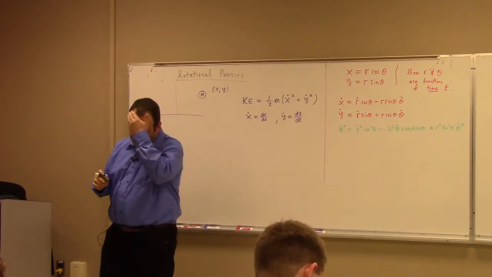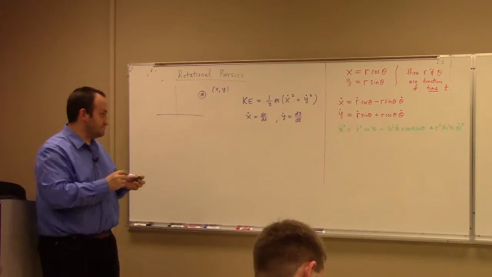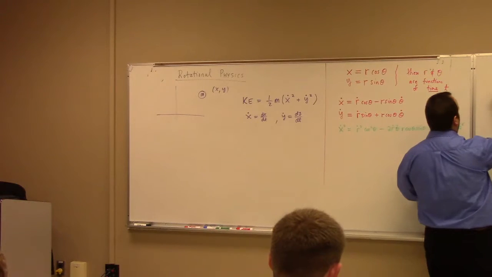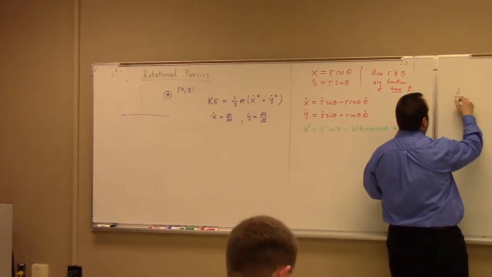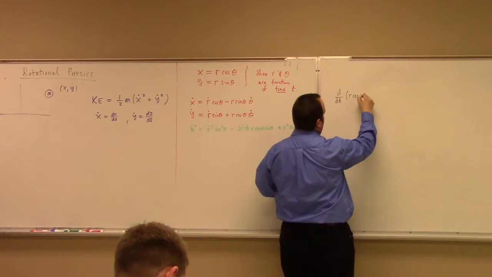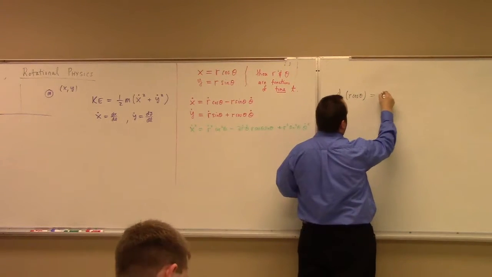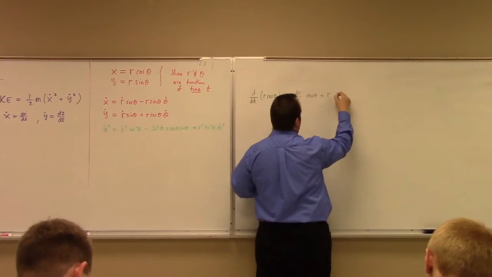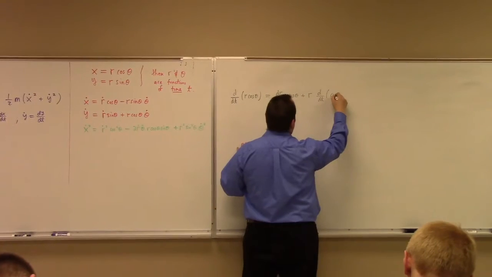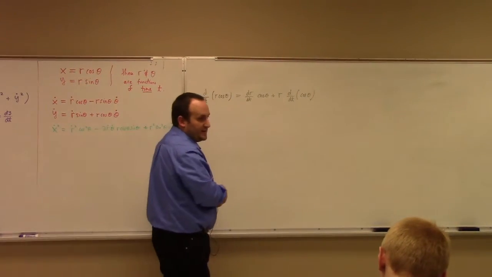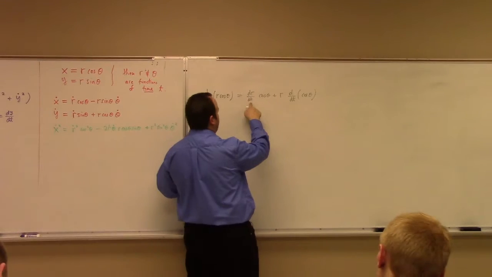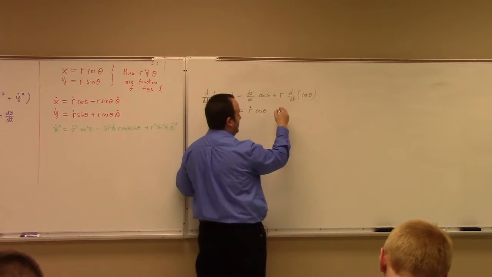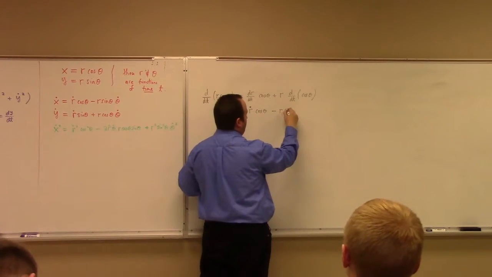Yes, sir. I don't understand why changing x to x dot added that, like changed the r cosine theta. So what we're doing is d/dt of r cosine theta, right? That's x. So that's dr/dt times cosine theta plus r times d/dt of cosine theta, because both r and theta are functions of time. So by notation, that's r dot cosine theta. Now this over here is minus r sine theta.